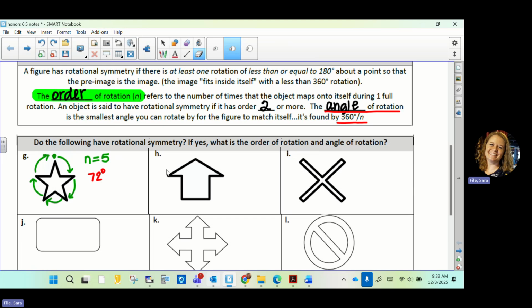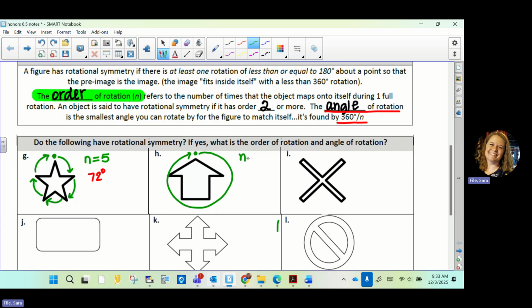Okay. Let's try to visualize this arrow. If I rotate this arrow 360 degrees, will it ever look identical to the original before I make the full circle? No, this will not. I would have to go all the way around before it maps onto itself again.